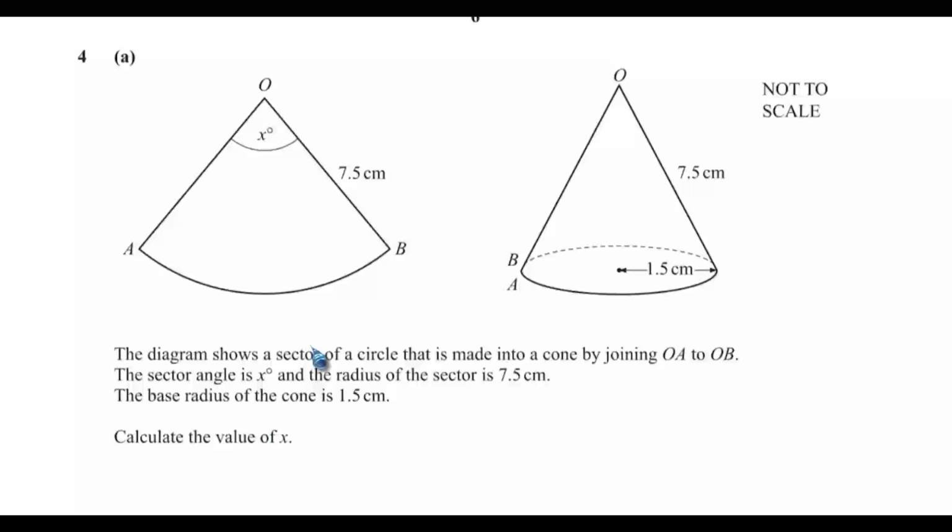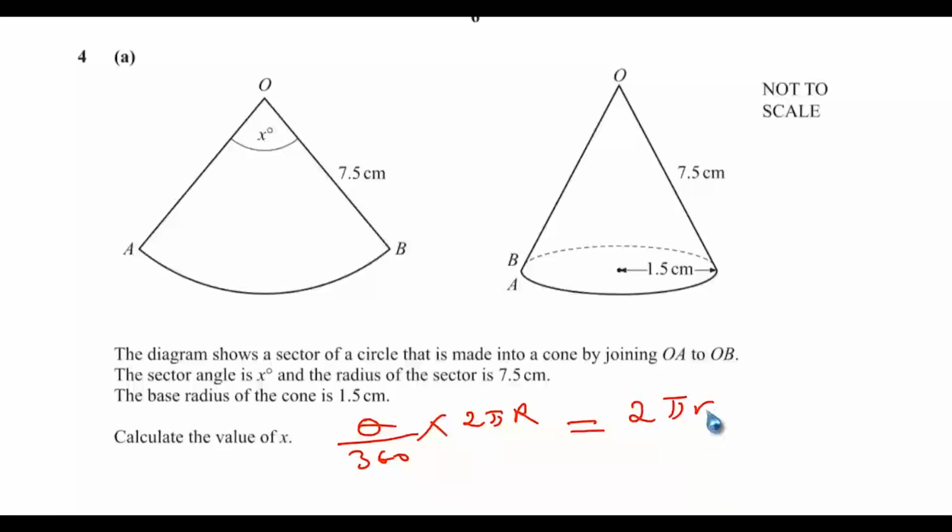So what is obvious here is that the length of an arc of this sector will form the base of this cone. So that means we can say that the length of an arc, which is theta over 360 times 2 pi R (let's use uppercase R for the radius of the arc here), must equal the circumference of the base of the cone, which is given as 2 pi r.